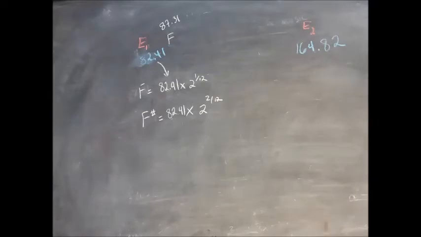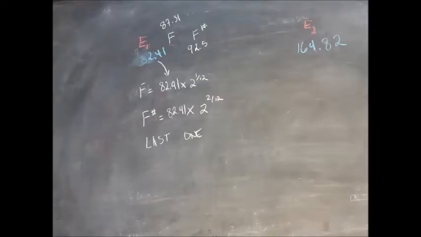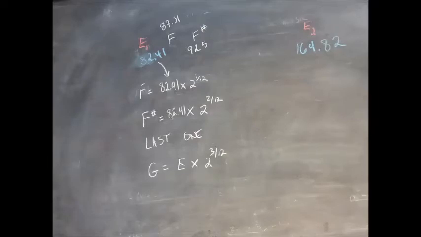And the last one we're going to do, just for this example, is to strike home the point of why we multiply by 2 and the exponent is something over 12. To find the G note, we take our frequency of 82.41 and we multiply by 2 to the 3/12ths power.